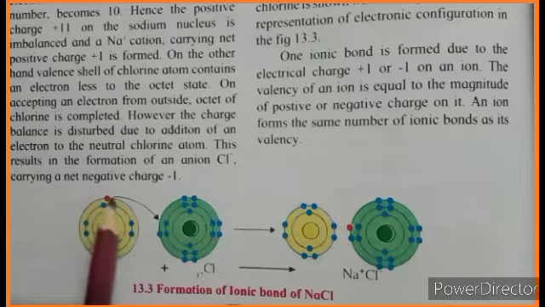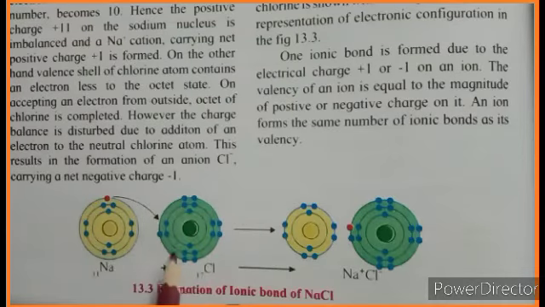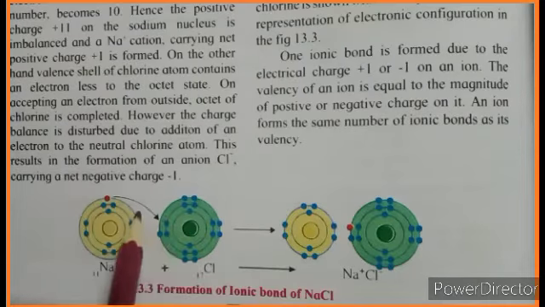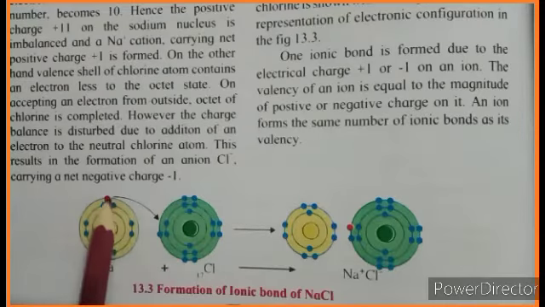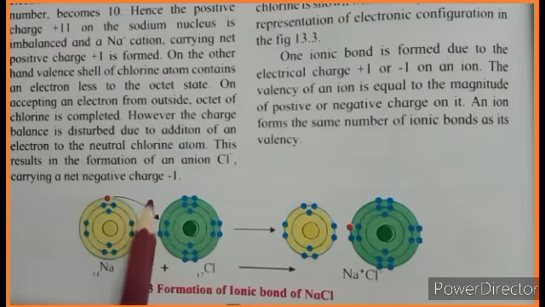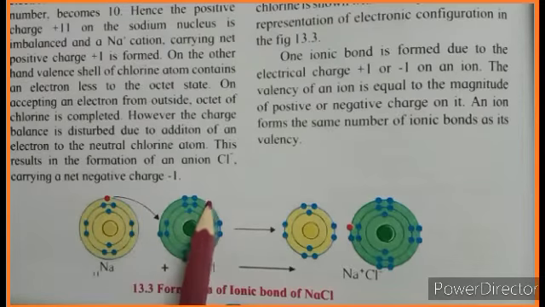Sodium completed its octet state as well as chlorine also get completed with octet state. So, because of giving this electron to chlorine, sodium form positive charge, while by accepting this electron from sodium, chlorine form negative charge.